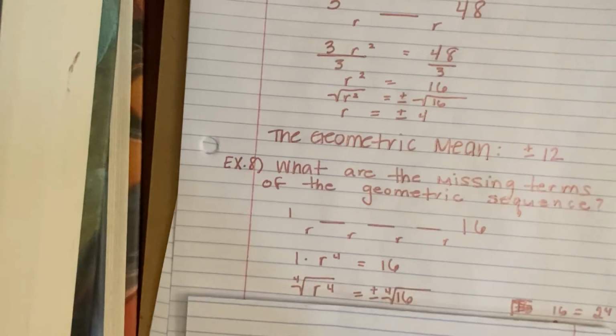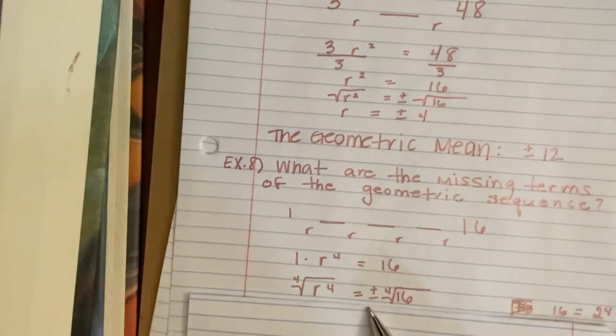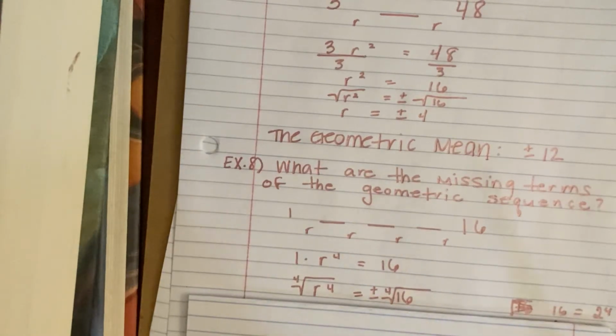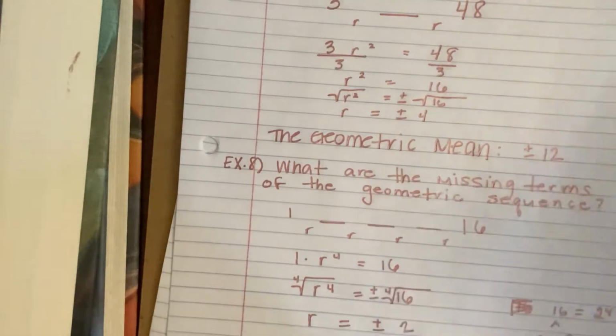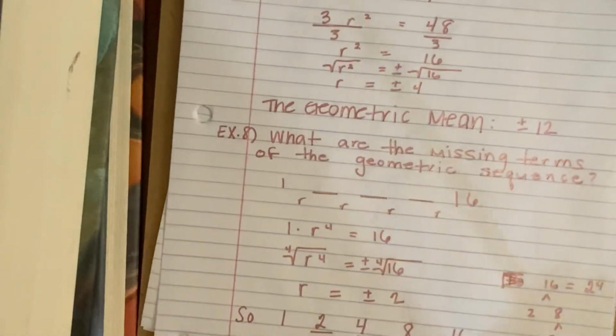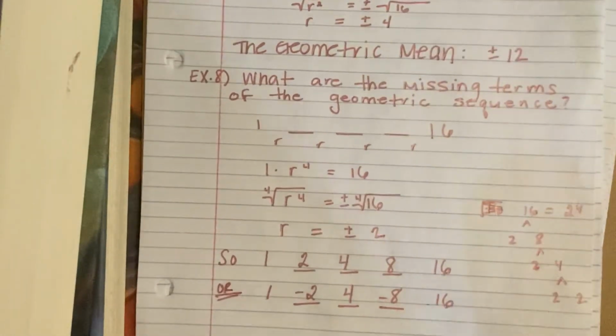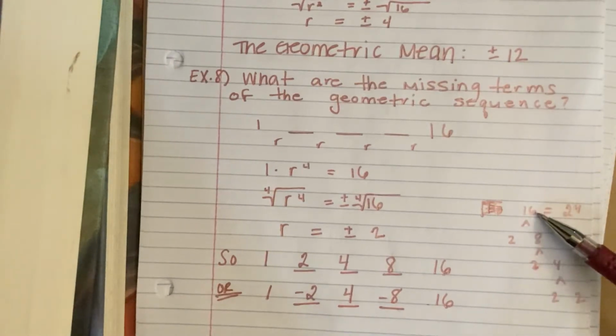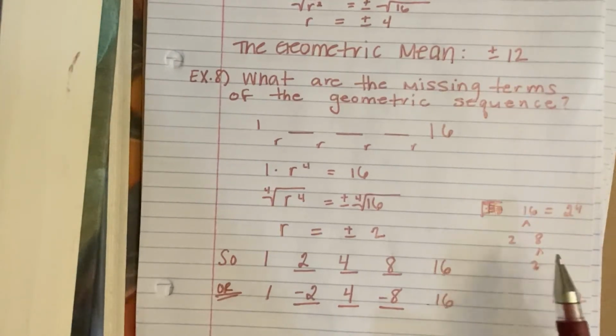To solve for r, we would have to take the 4th root of both sides, and when you're taking the square root or the 4th root, if your index is even, we're going to have to do the plus or minus. Okay, off to the side, I broke down 16 piece by piece, in case you guys forgot. 16 can be broken down to be 2 and 8. And then we can break down 8 to be 2 and 4.